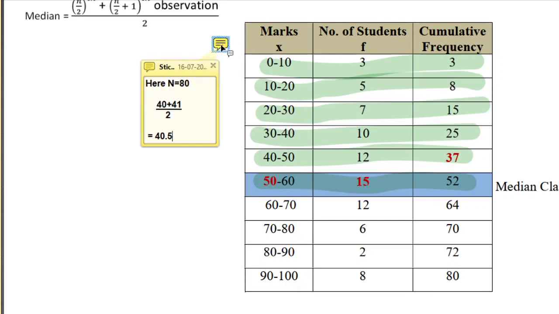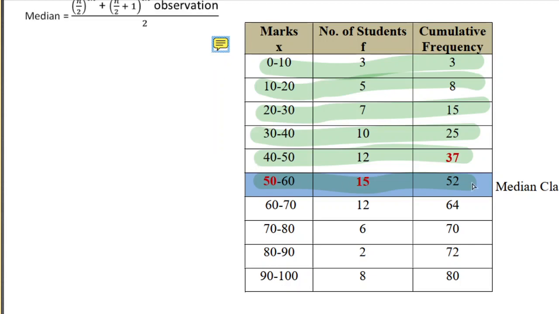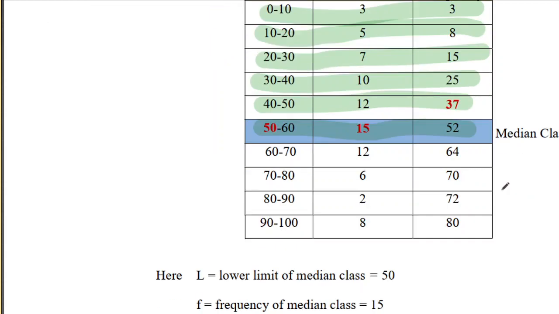So what is our observation? 40.5. That means this observation is placed in this class. This is our median class.